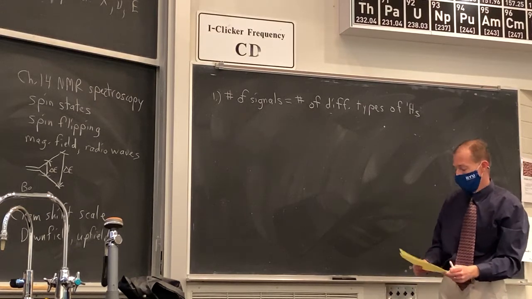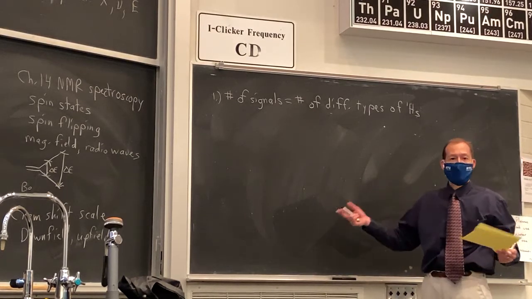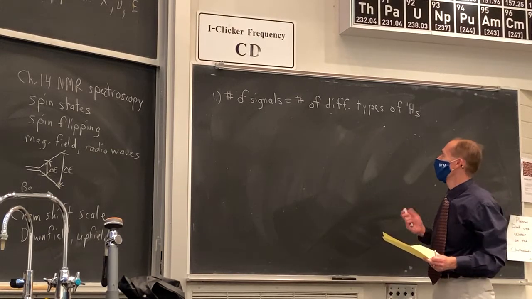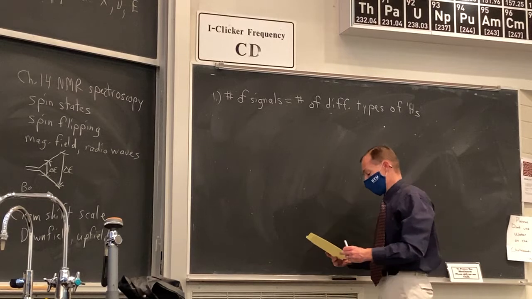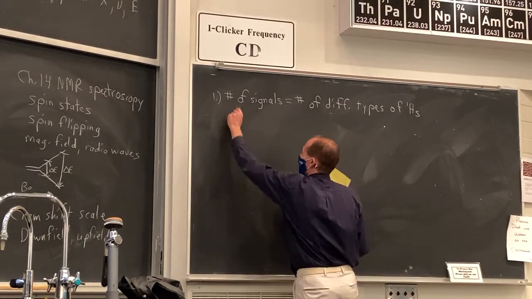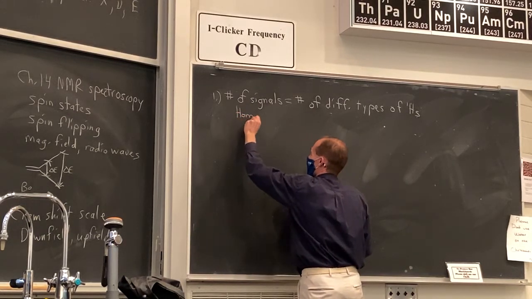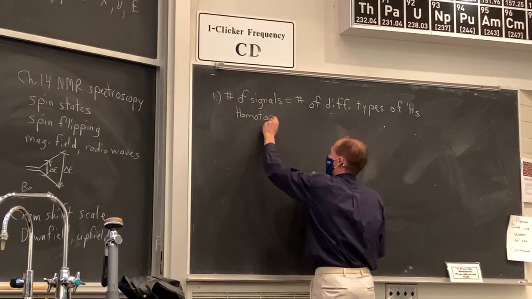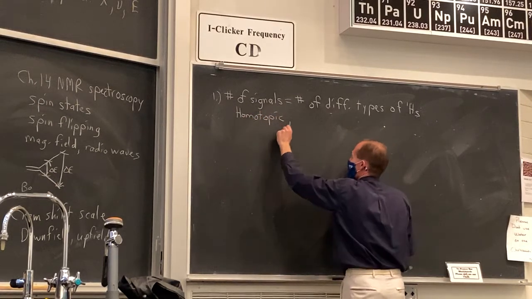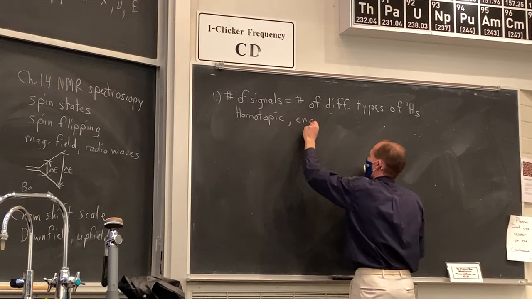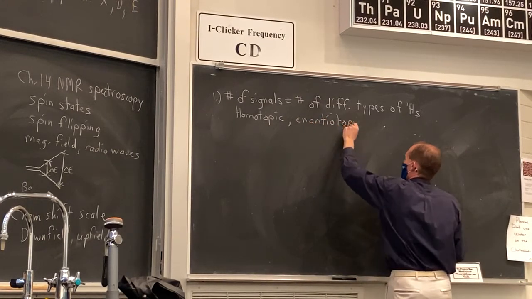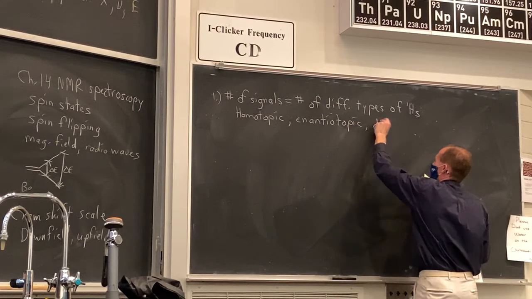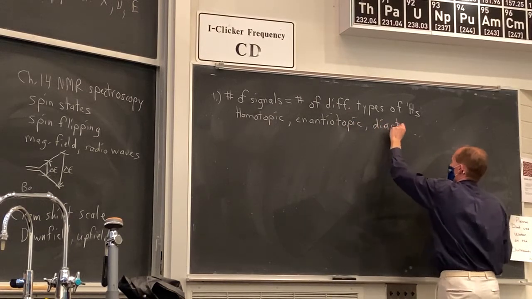And in some molecules, it's easy to tell the number of different types of hydrogens. In others, it's not quite so straightforward. We had 3 terms that we learned along with this. We learned about homotopic hydrogens, enantiotopic hydrogens, and diastereotopic hydrogens.